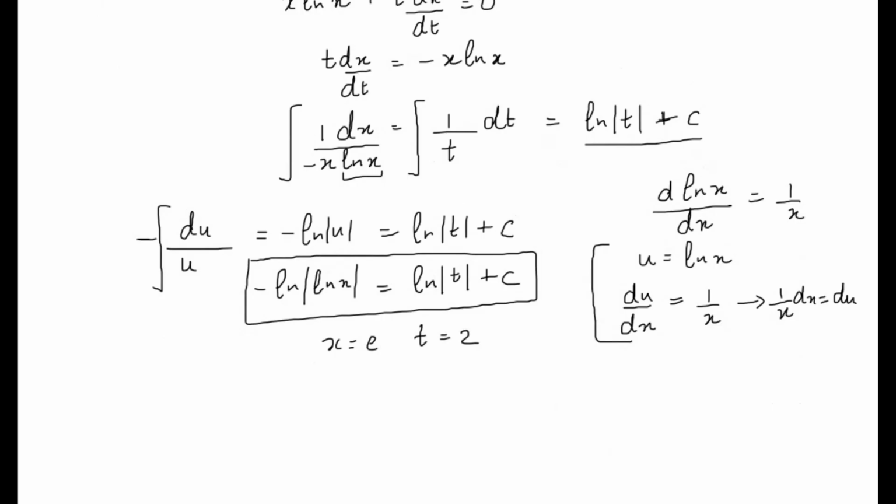Substituting these two values in, we get negative log of e is equal to log 2 plus c. I have done away with the modulus signs because both values are already positive. So log e we know equals 1, and log of 1 is 0. So 0 is equal to log 2 plus c, which tells us that c is negative log 2.